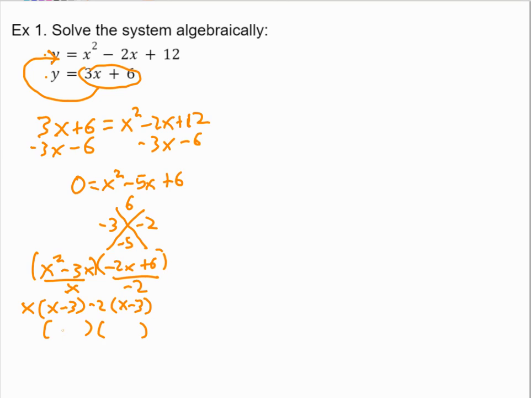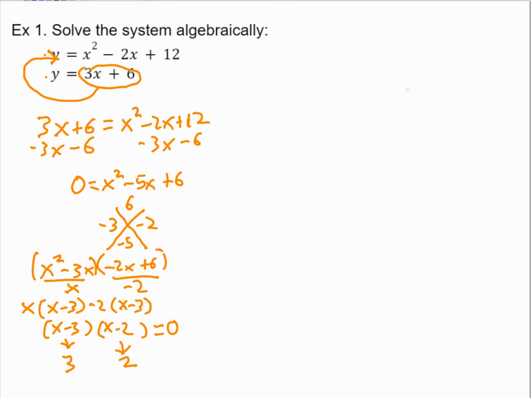Rearrange these, and I get x minus 3 and x minus 2, and that all equals 0. Now, at this point, I know what my solutions to this quadratic equation are going to be. This one's going to give me an answer of 3, and this one's going to get me an answer of 2.